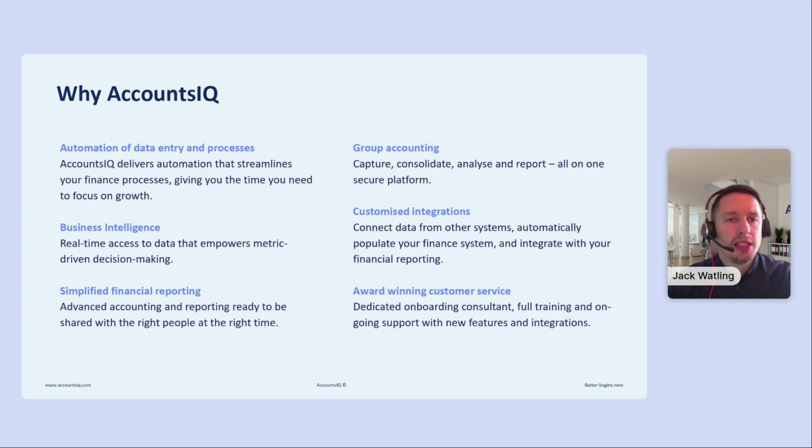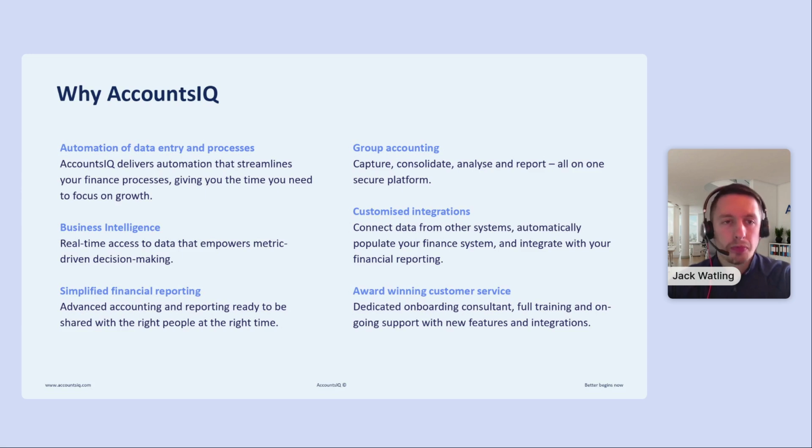And then the last two there, you can see business intelligence and simplified financial reporting, obviously the focus of today's webinar. So we have over 250 standard reports in the system here at AccountsIQ. Now, don't worry, I won't be going through all 250 reports today. We will just show you a snapshot of some of the reports and the reporting functionalities within AccountsIQ. But obviously, it's a great increase in functionality that you get from either of those entry-level systems that don't offer the same level of reporting functionality that we do.